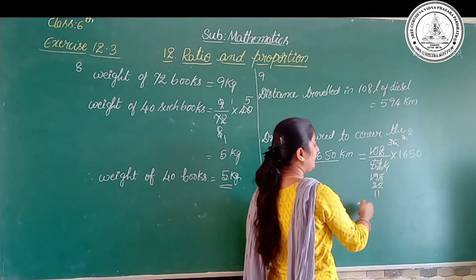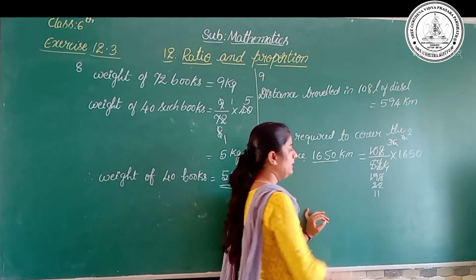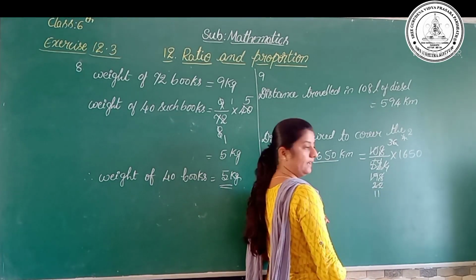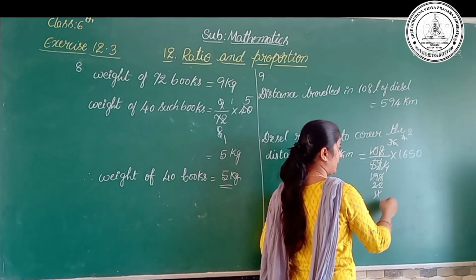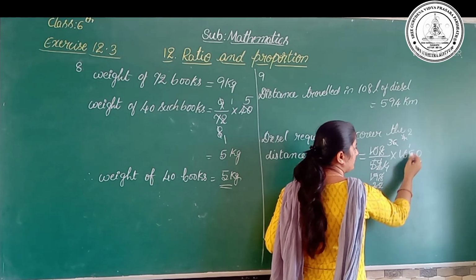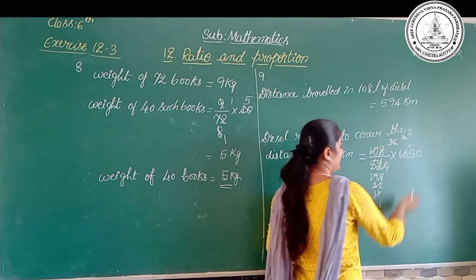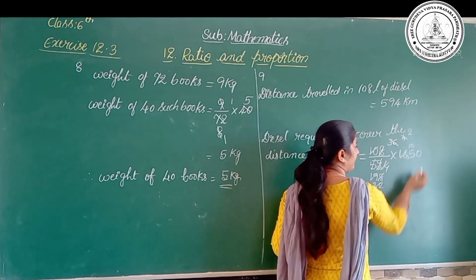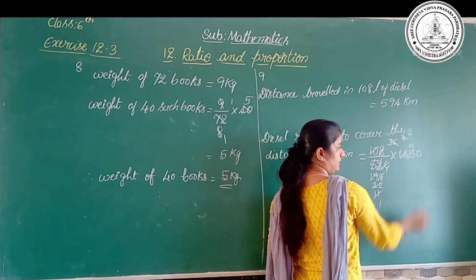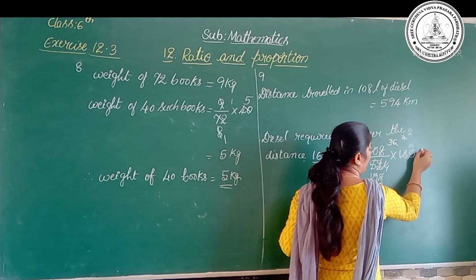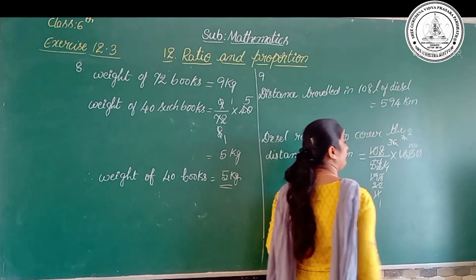So 2 and 11 cannot be cancelled, then divide by 11. 11 1s are 11 and again 11 1s are 11. Remaining 5, it will become 55. Then 11 5s are 55. Then here there is a 0. 11 0s are 0.